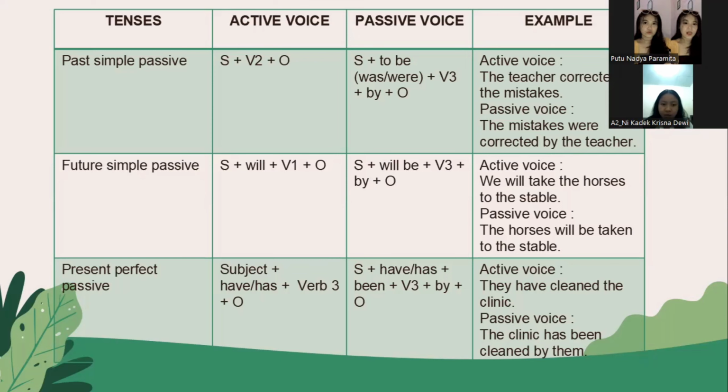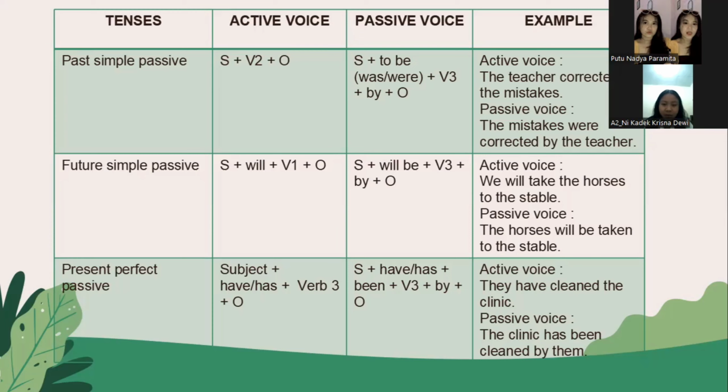Number 5 is present perfect passive. Present perfect passive, generally, we use the passive voice when the focus is on the action and not on who or what is performing the action. The pattern for active voice is subject plus have or has plus verb 3 plus object.